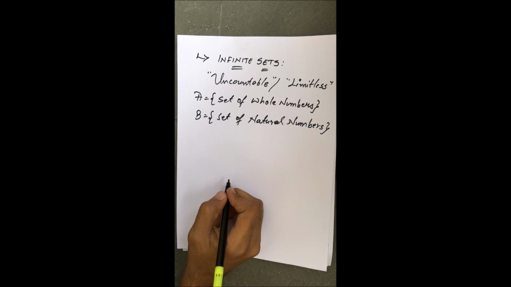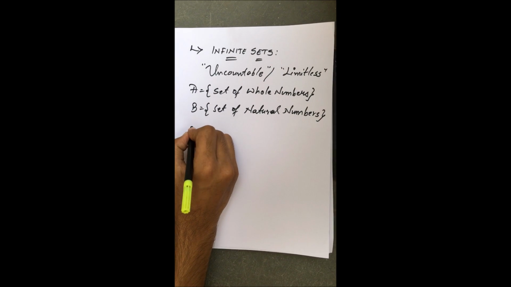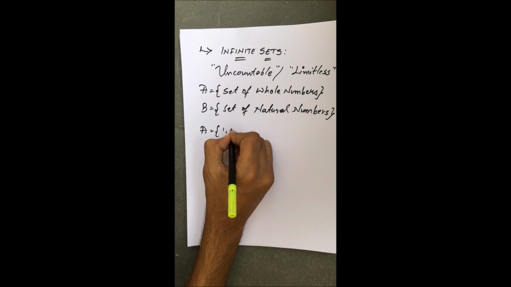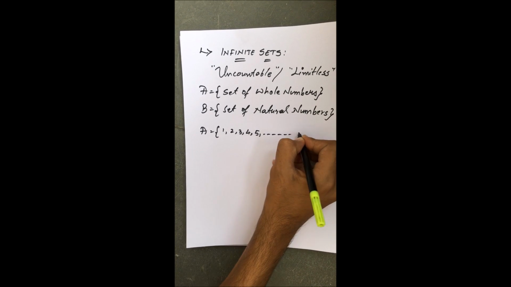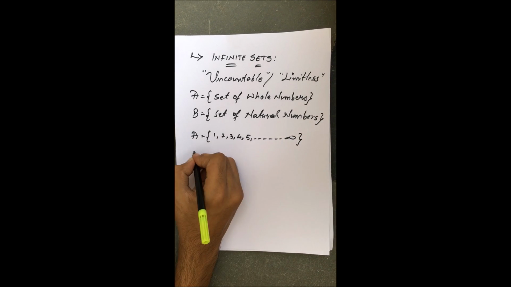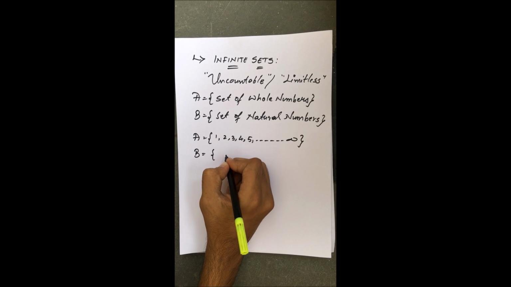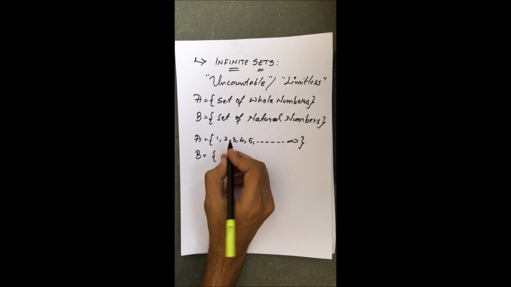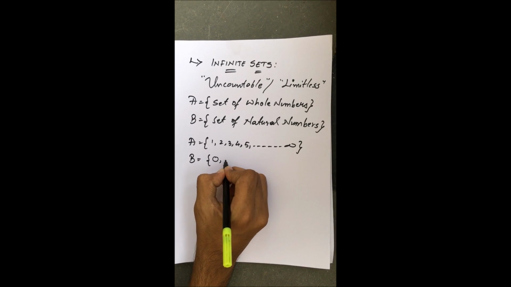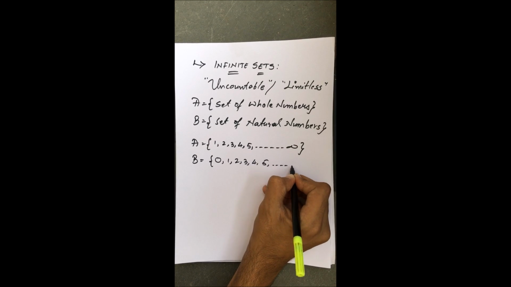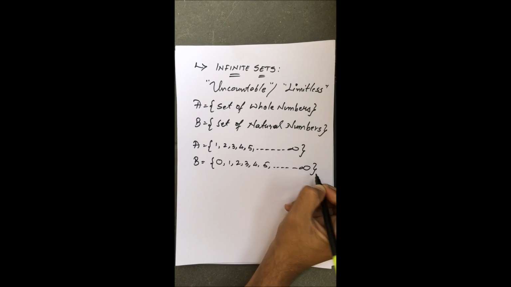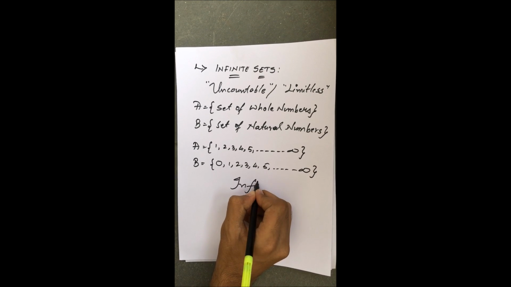If we write the set builder form for this set A, we get the elements as 1, 2, 3, 4, 5, and so on. It goes on till infinity. So this is the example for natural numbers, and now we'll go on to the whole numbers. Whole numbers start from 0, 1, 2, 3, 4, 5, and this also goes to infinity. So such sets are called infinite sets.